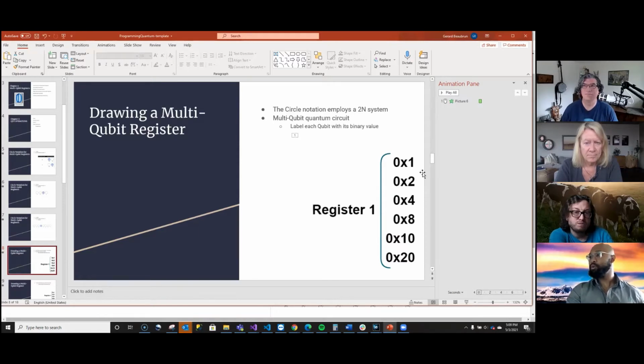So 1 qubit would be 0 multiplied by 1, 2 qubits, 0 multiplied by 2, 4, 8, and you go down the line. And we are going to see the multi-qubit register as we go through the programming, especially when we use the O'Reilly JavaScript and QSim system as well.